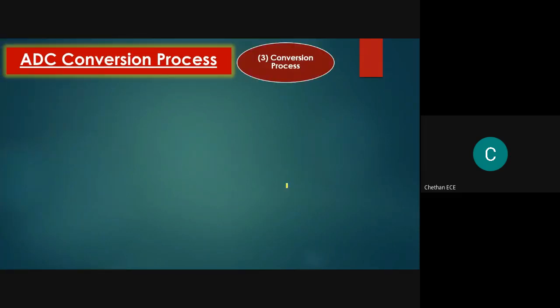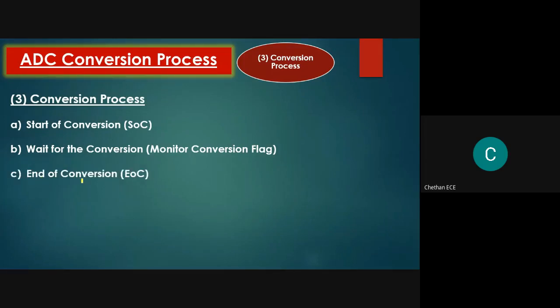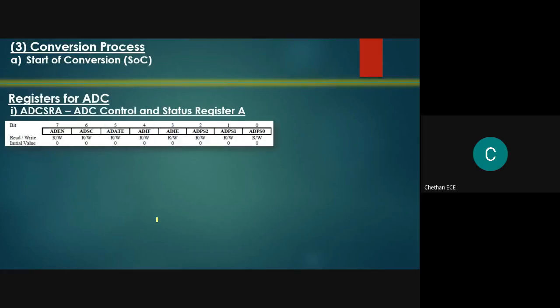And the last step in the ADC conversion process is to start the conversion, wait for the conversion, and the end of the conversion. Start conversion can be done by using ADCSRA. If you recall, we have already completed this particular register content in the earlier slide, where we have enabled bit 7.